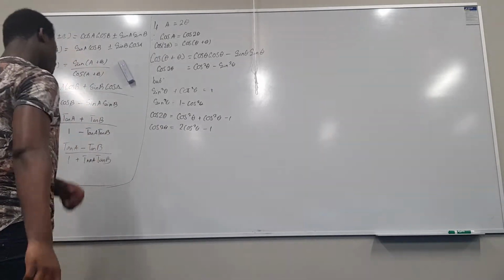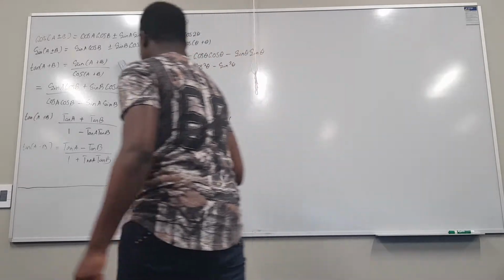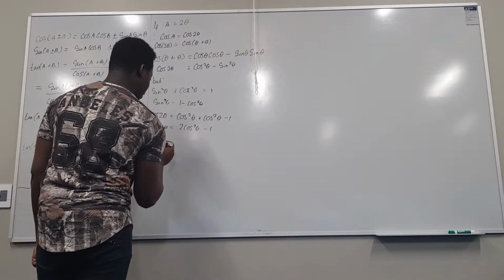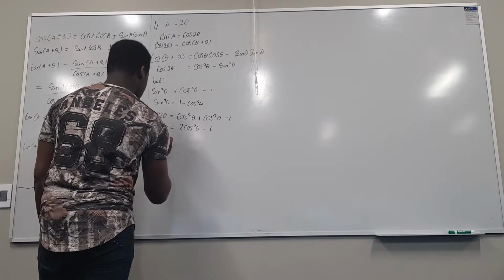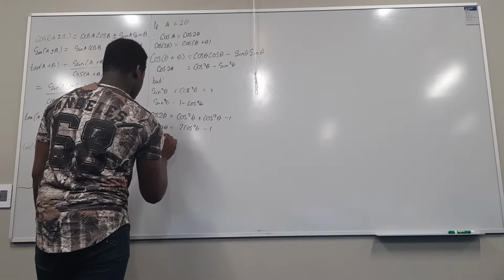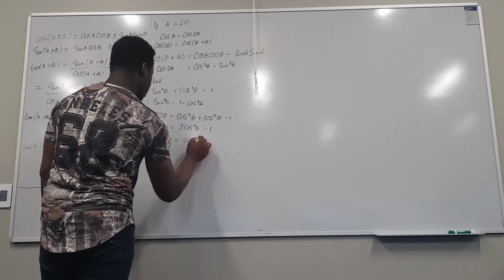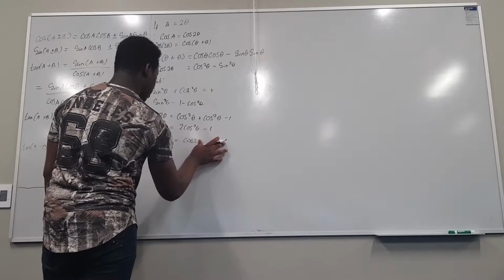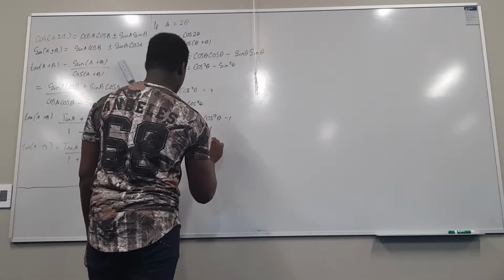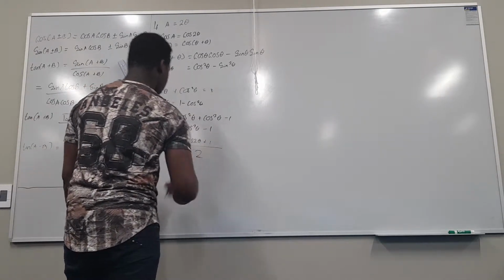If we solve for cos theta, I hope you can see what we're doing here. Let's do it slowly. So 2 cos squared theta is equal to cos 2 theta, oh, not a, 2 of angle theta plus 1, well, divided by 2, right?